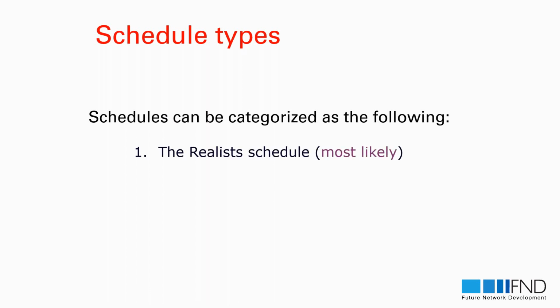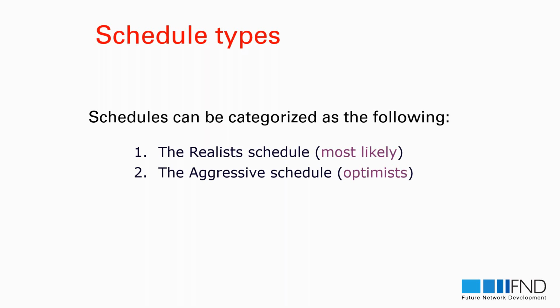One is the most likely approach, which Monte Carlo Risk Simulation also strongly supports. This is the realistic schedule, and our aim is to have a realistic schedule to achieve the most realistic estimation of the time and budget for our project.